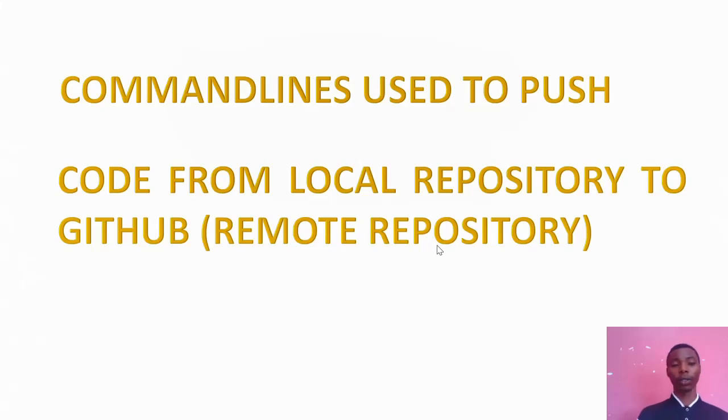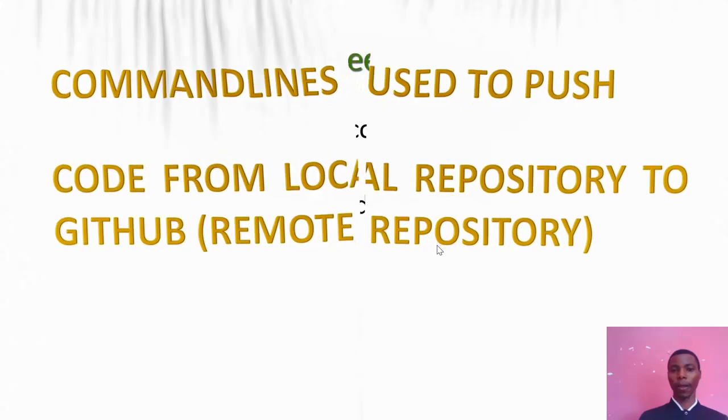We are going to see everything that helped me push the code from my local machine to the online repository on GitHub. That helps me control everything everywhere and every time, which is very helpful for portability.